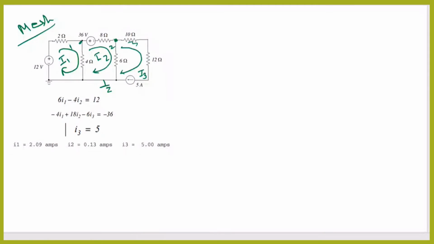If you start from A, B and C and D, starting from A: minus 12 plus 2 into I1 plus 4 into I1 minus I2 is equal to 0. This is the first loop equation.